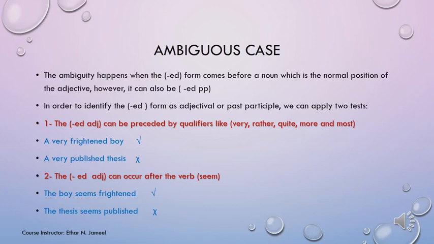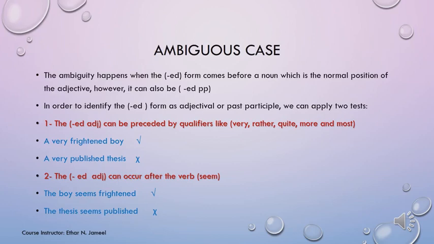But can we say a very published thesis? It's not acceptable according to meaning. So, published is not an adjective, although it comes before a noun. And the ed is not ed adjectival. Here it is ed past participle.